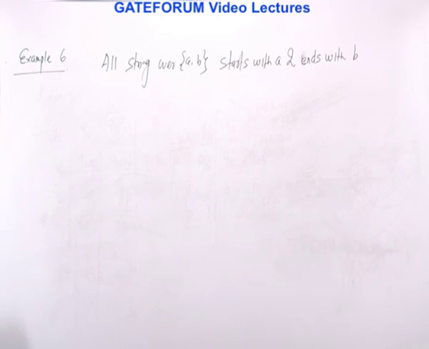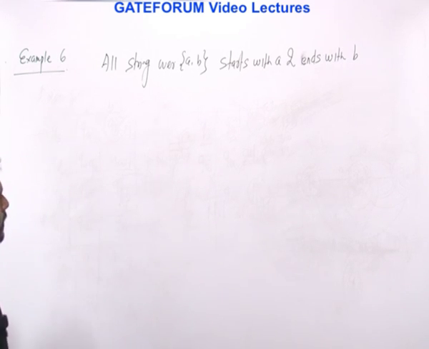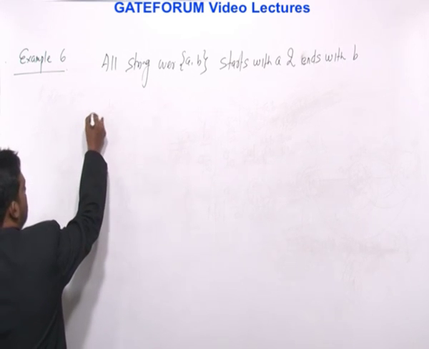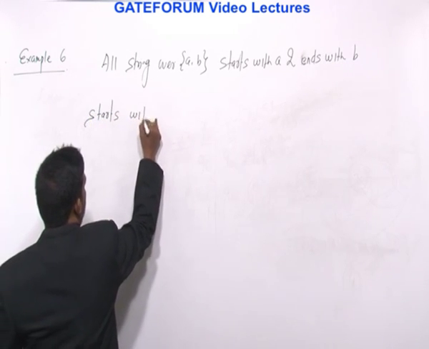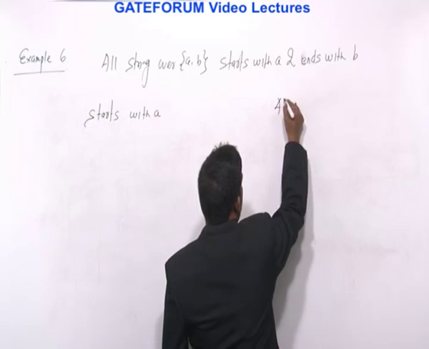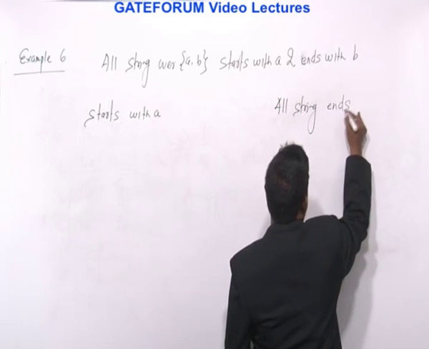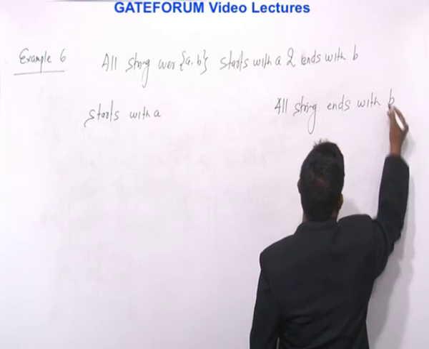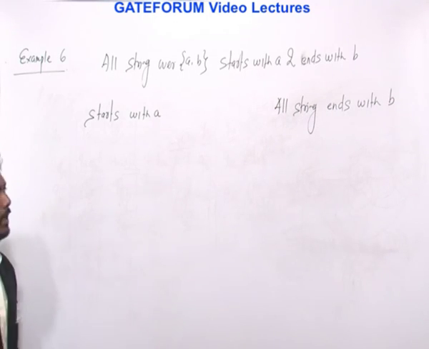We have two separate languages, two parts. One part is all strings that start with A, and another part is all strings that end with B.